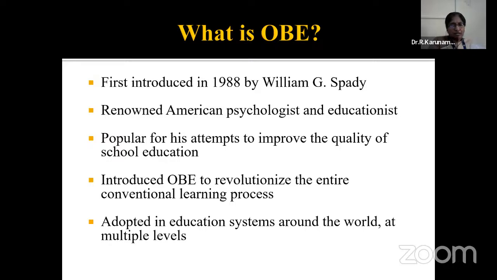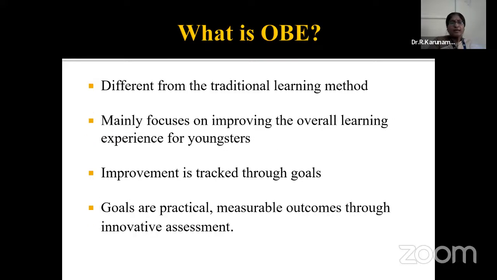There are many countries which introduced outcome-based education, and still it is being introduced in countries all over the world and at multiple levels. One of the main reasons why outcome-based education is applied worldwide is its innovative approach.